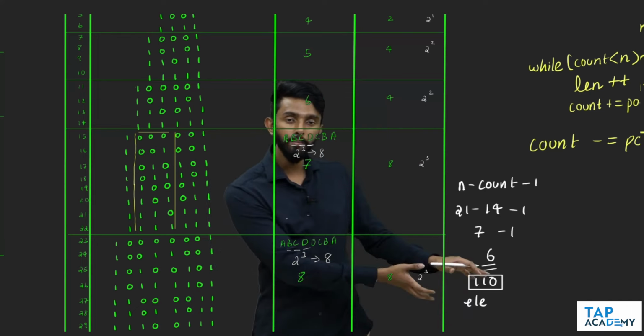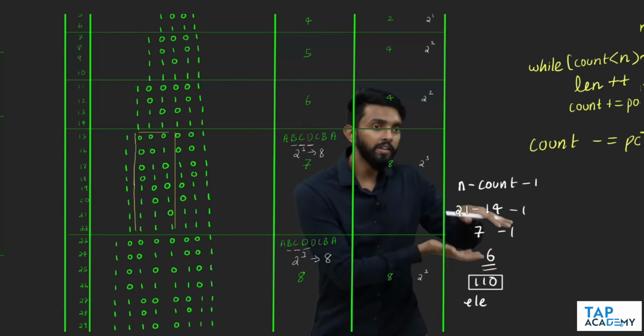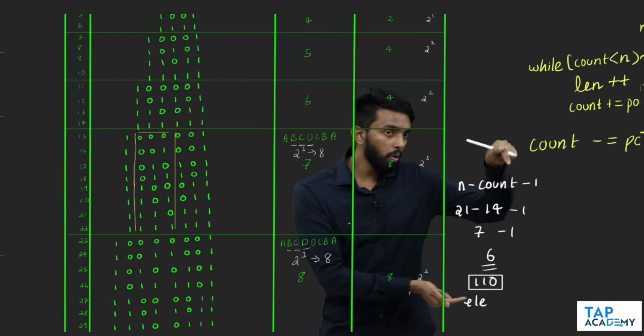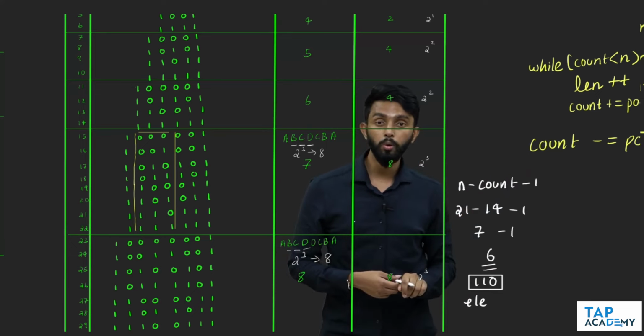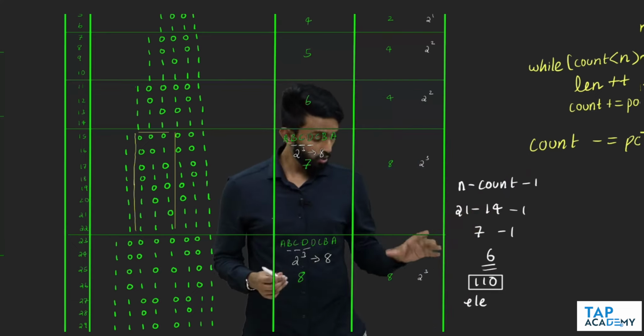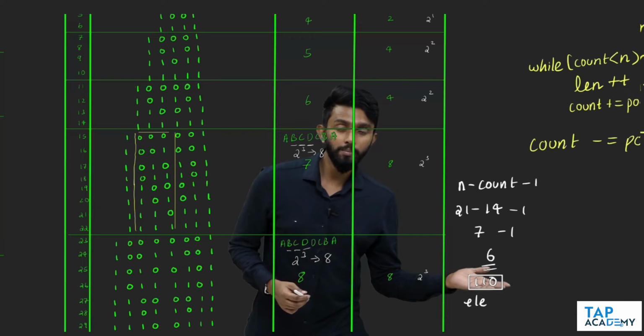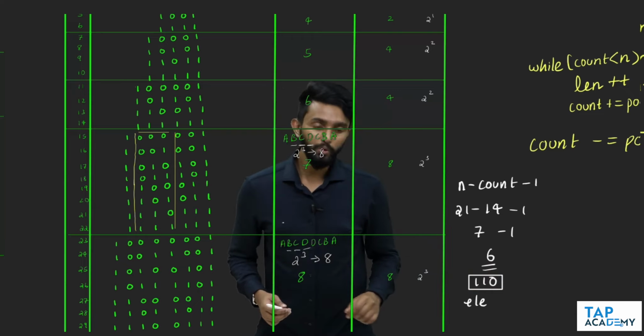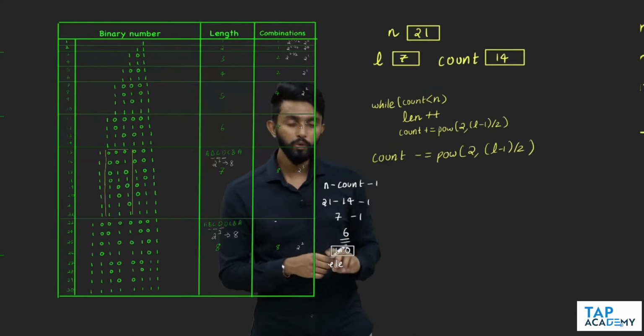You want this element. How will you get this element? Element is equal to n minus count minus 1. Now, beautiful. Many things you have got. So, using this element, how are we going to do it? Let me show you.